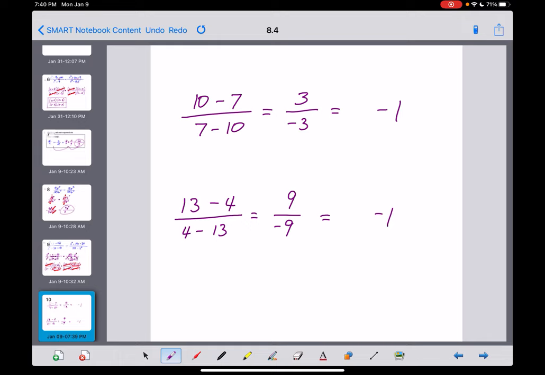So what you guys have maybe never put together here is that when you change the order of subtraction, 10 minus 7 compared to 7 minus 10, you end up with opposite results. A positive number on one side and its opposite on the other. And anytime you divide a number by its opposite, you always get a quotient of negative 1.